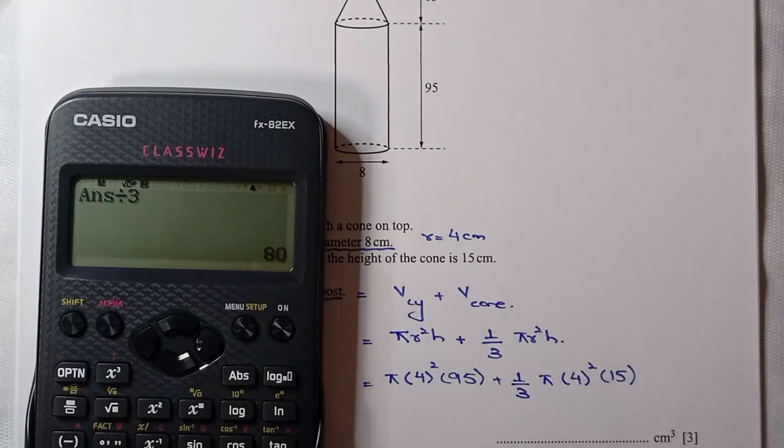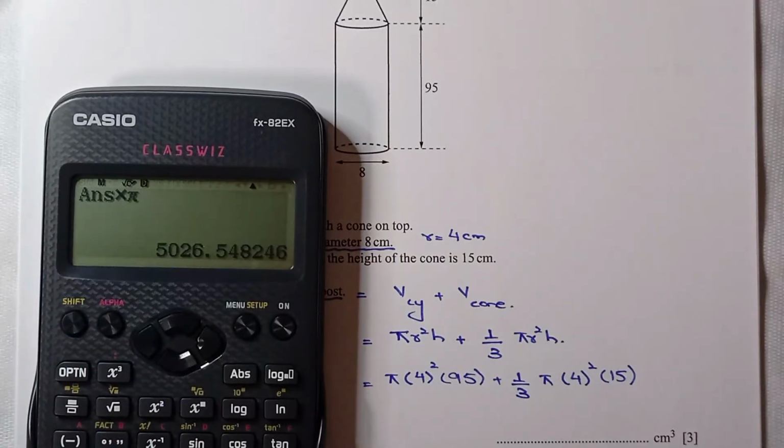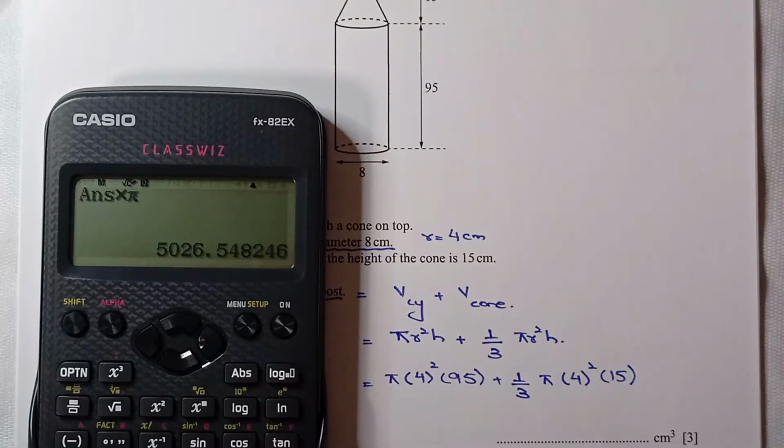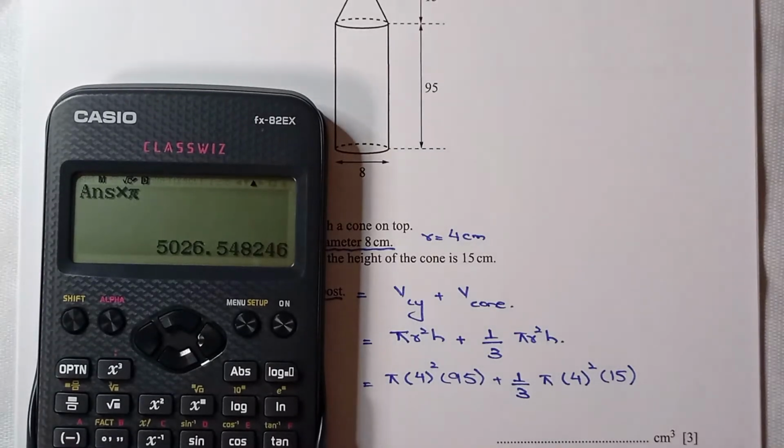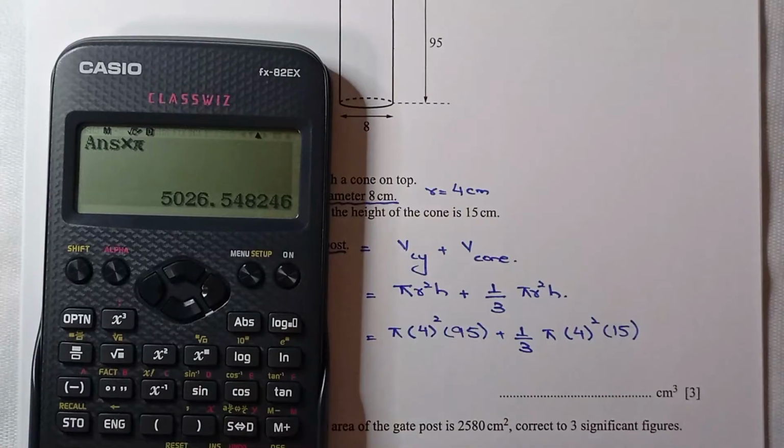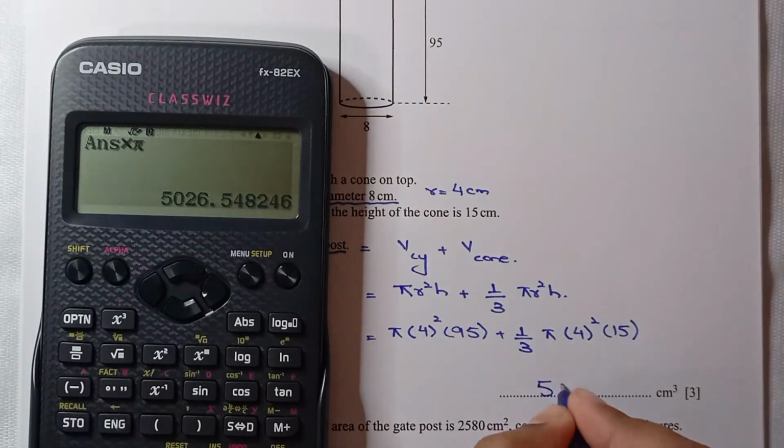This is 80, and then add 16 times 95, and then times pi. We have 5026.54. If we round it, it would be 5027 centimeters cubed.